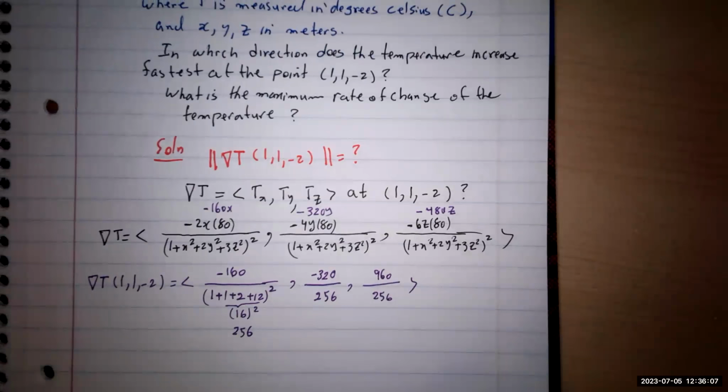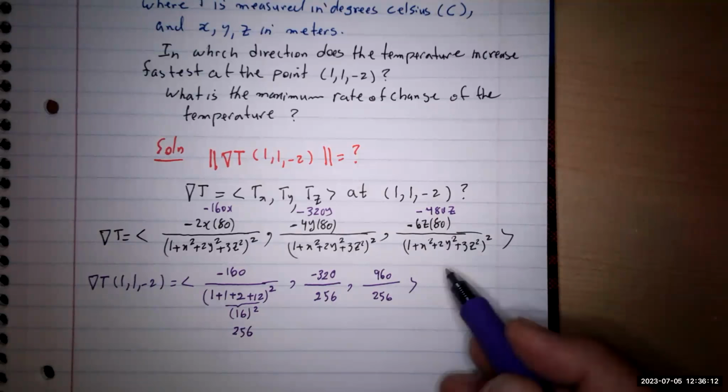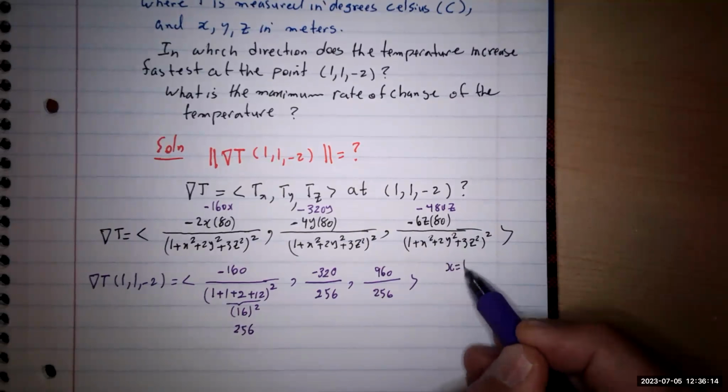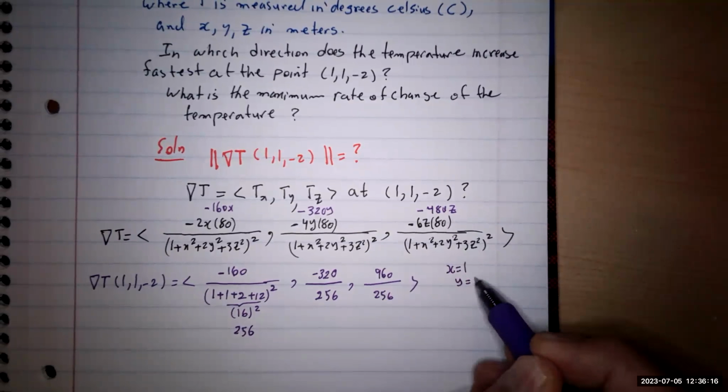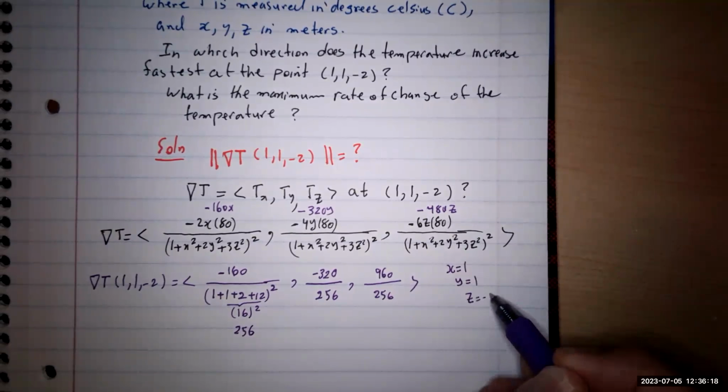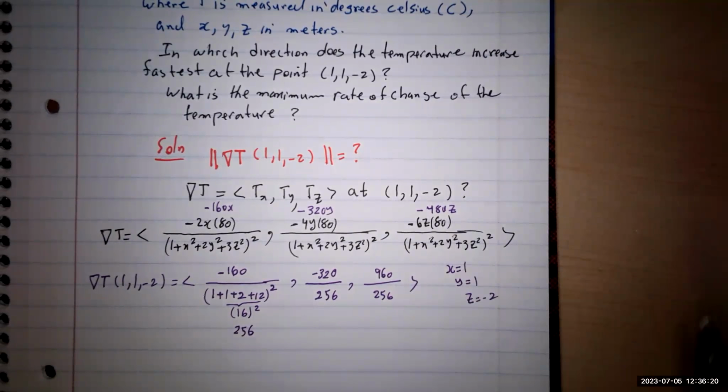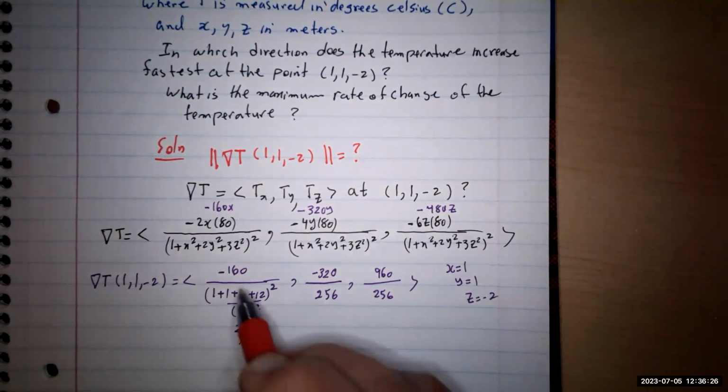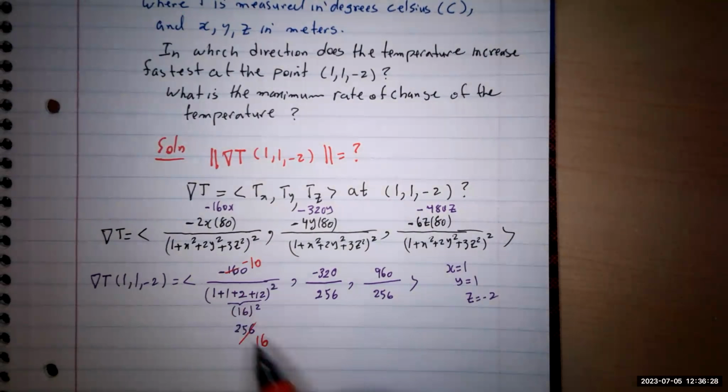I just substitute x equal to 1, y equal to 1, and z equal to negative 2. So we simplify 256 and 160, which would be simplified by 16, and that gives you negative 10.